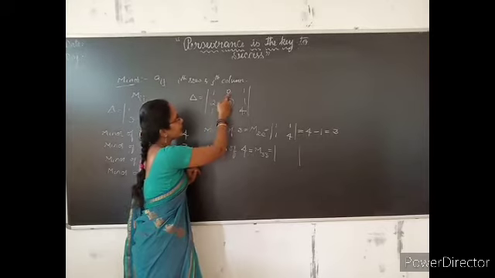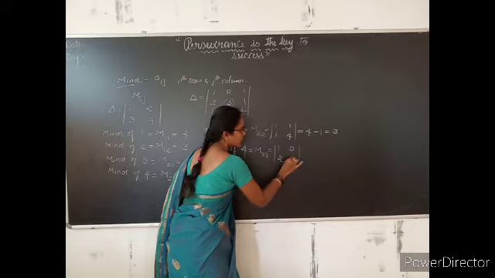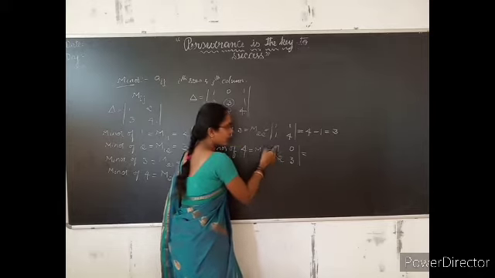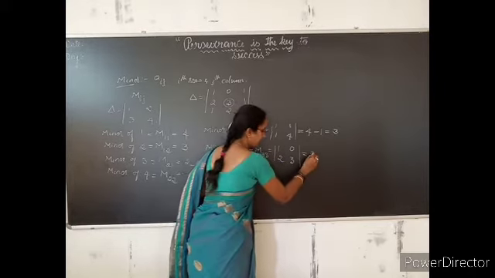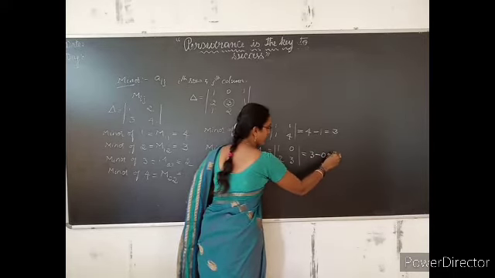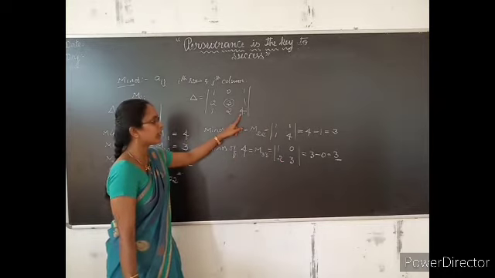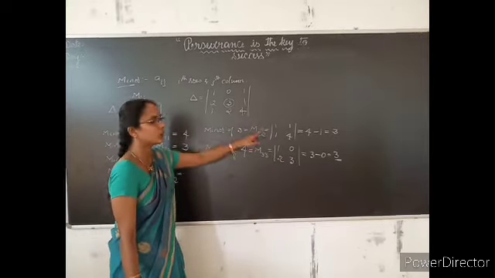Therefore, 1, 0, 2, 3. This equals 1 into 3, 3, minus 2 into 0, which is 0. The value is equal to 3. Therefore, the minor of the element 4 is equal to 3.